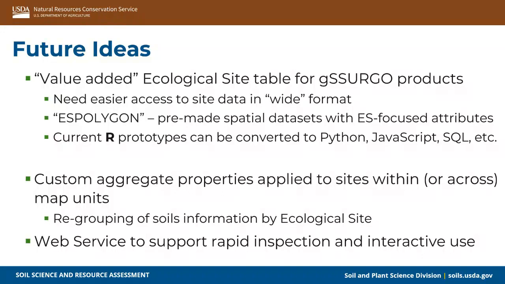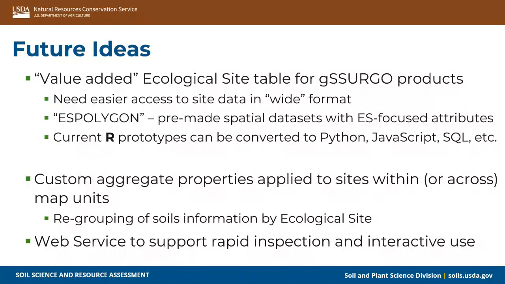The real issue with especially our more general mapping is that you can have strongly contrasting components within a map unit. And so you have that spatial extent of that map unit folded in with the variation of however many sites you might have in there. Some way to parse out at a finer level of detail with a focus on the ecological site would allow us to generate some of the ranges we might need to further refine our ecological sites.